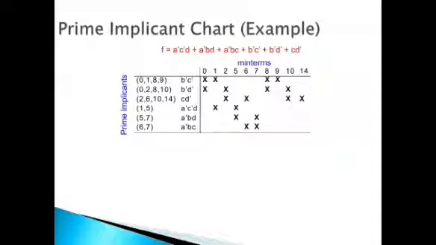Now we will place the min terms on the horizontal side of this table as 0, 1, 2, 5, 6, 7, 8, 9, 10 and 14.